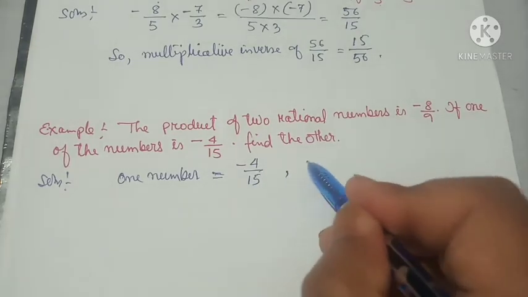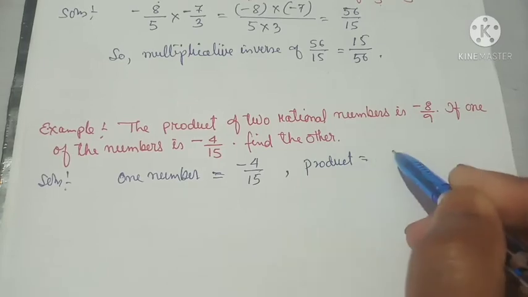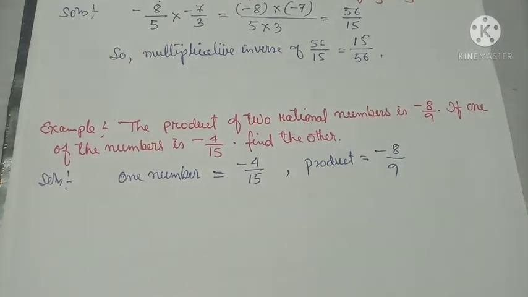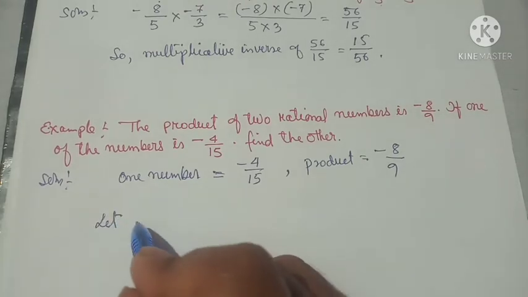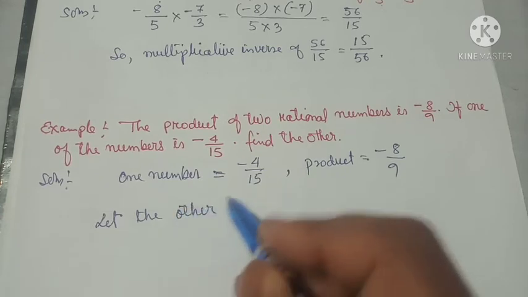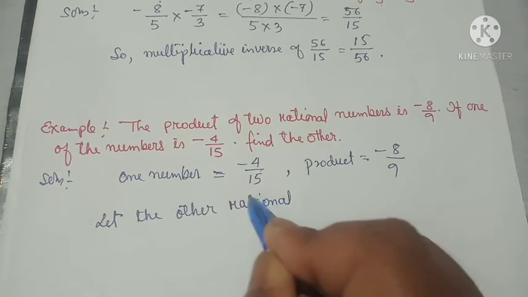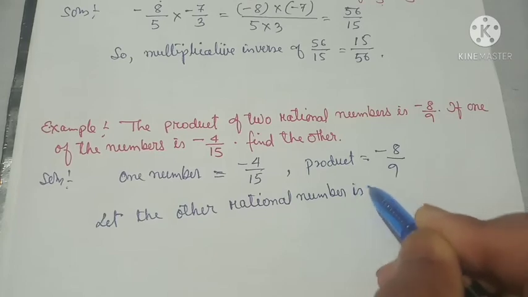The product is minus 8 by 9. So let the other rational number be x.